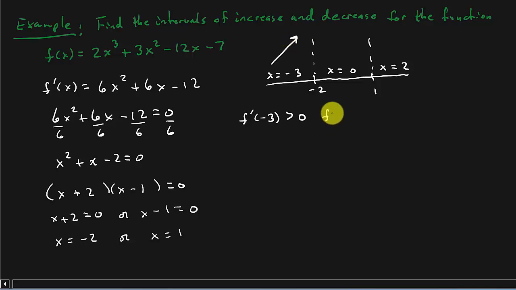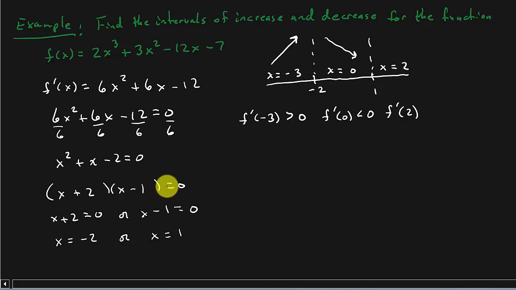And then I'm going to look at f prime of 0. If I plug a 0 in here, I've got a +2 times a -1. A positive times a negative is negative, so that's less than 0. So this is decreasing. Then I've got f prime of 2. That's 2 plus 2 is 4, and 2 minus 1 is 1.